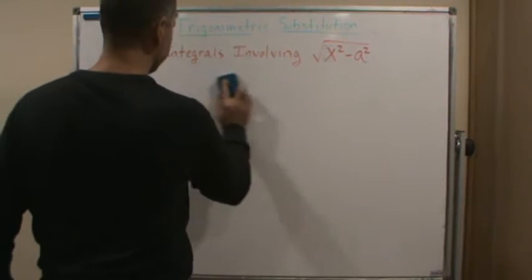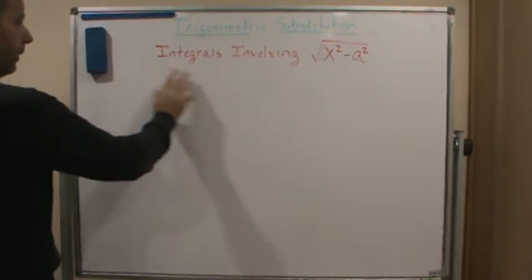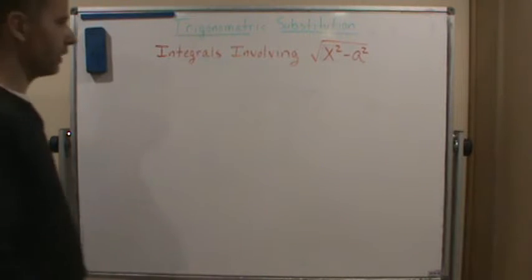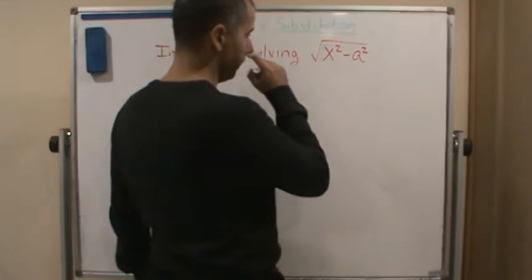Okay, so now let's talk about integrals involving this one. In this case, again, we want to start with the domain. The domain is going to be slightly different in this case.